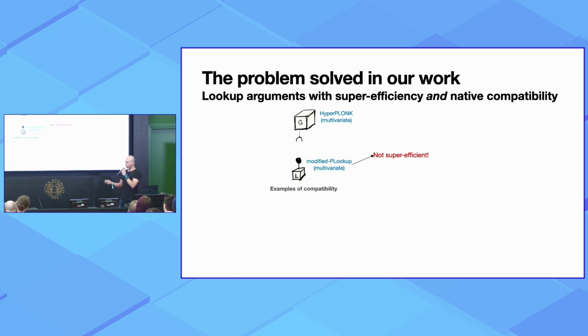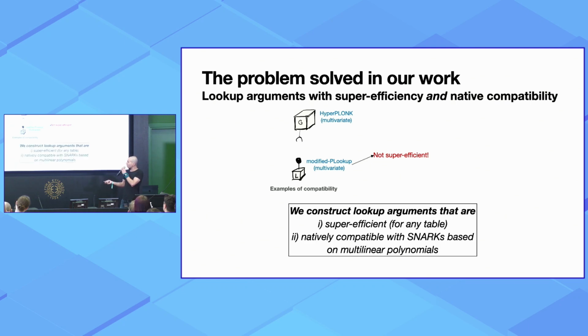The only super efficient multivariate-based lookup I'm familiar with, please come to me if you know others, is the Lasso lookup. But Lasso is super efficient only for a specific type of tables. So what we want to construct is a proof system that's super efficient for any type of table and is natively compatible with this, yeah?